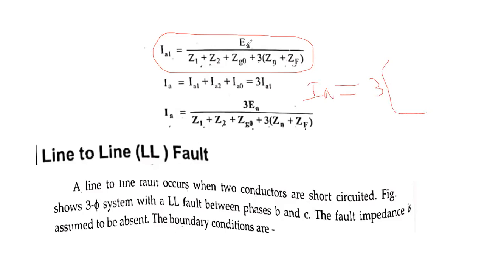IA1 is equal to EA by Z1 plus Z2 plus Z0 plus 3 into Zn plus Zf.